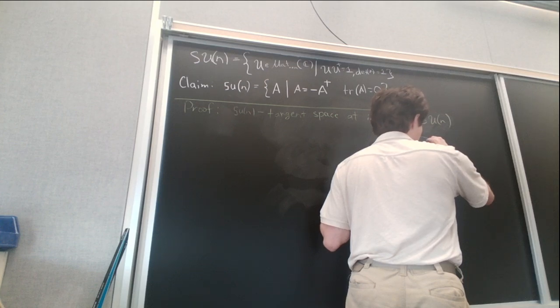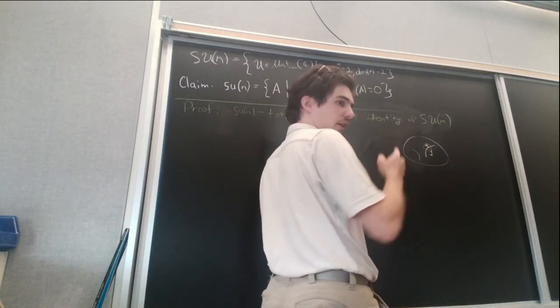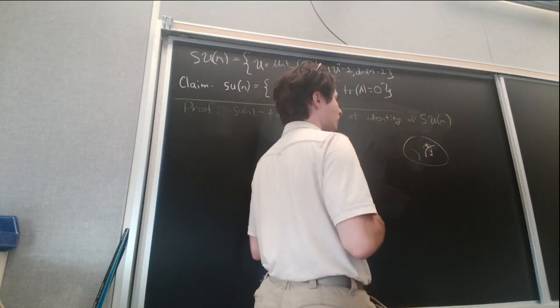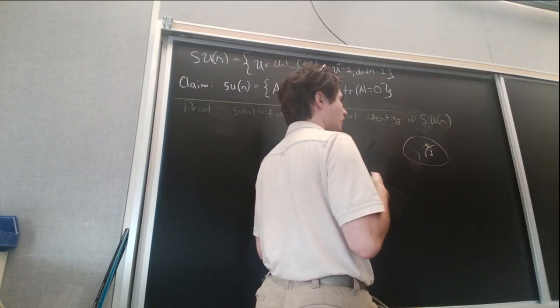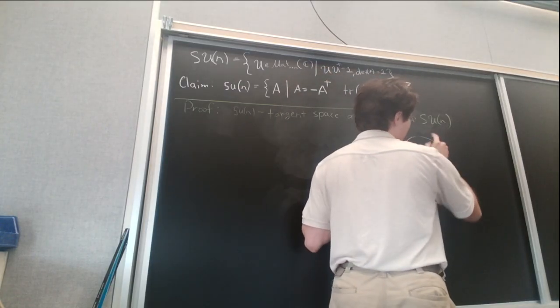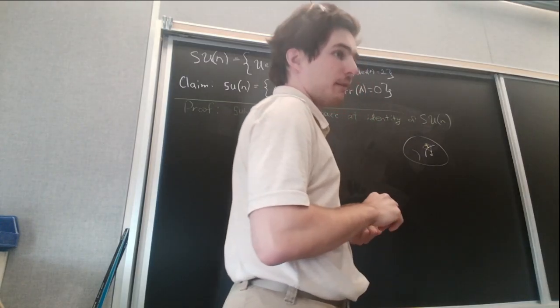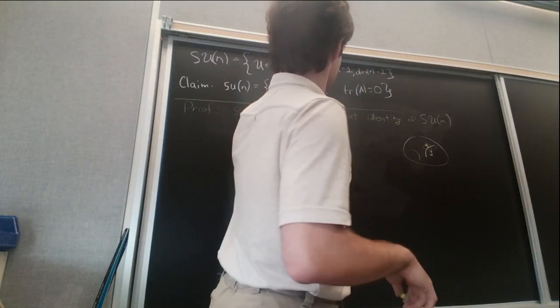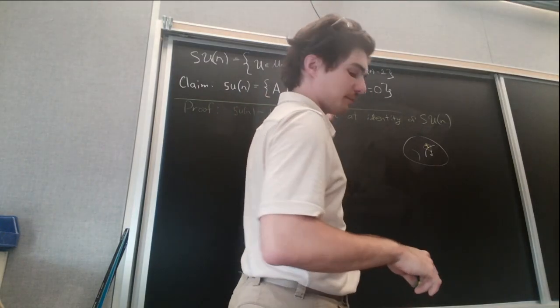That derivative at 0 is going to be precisely a tangent vector. We're going to see what properties the derivatives have to satisfy, and then hopefully we will be able to get this.